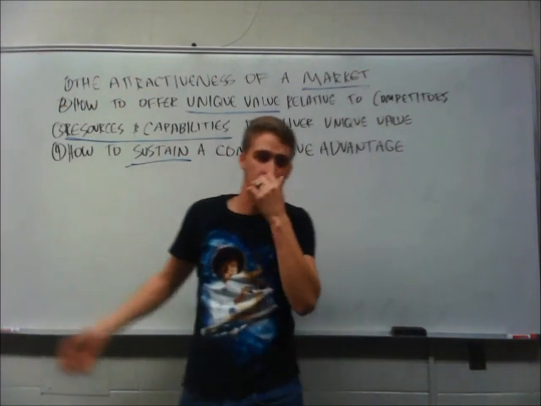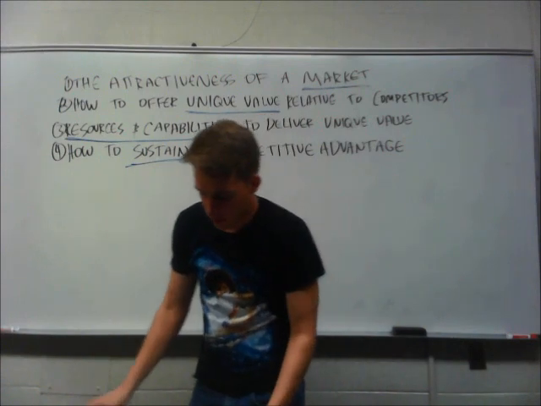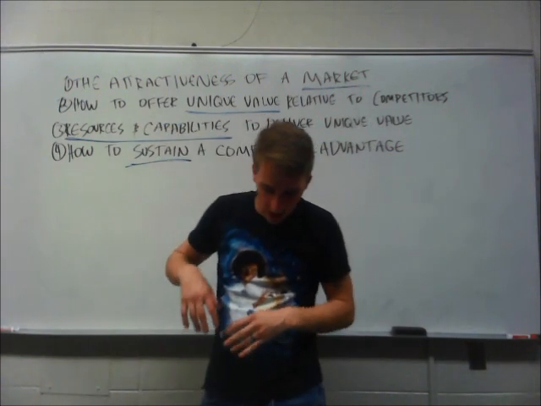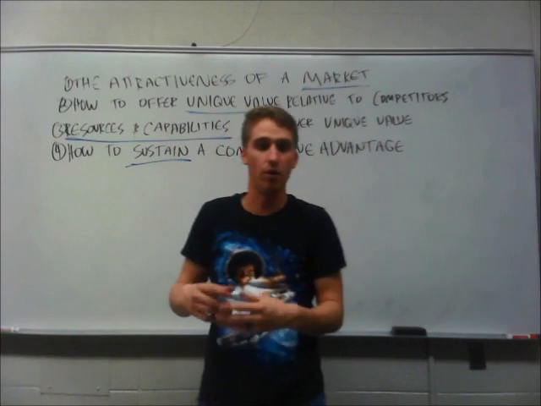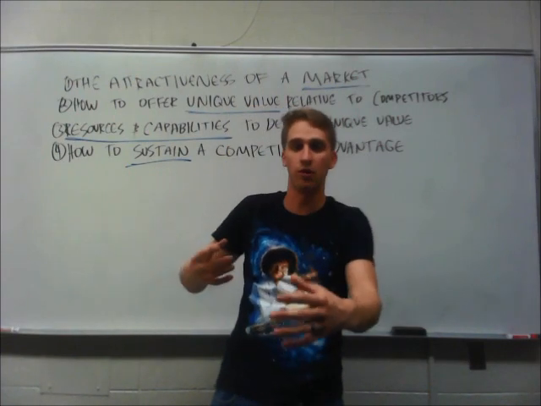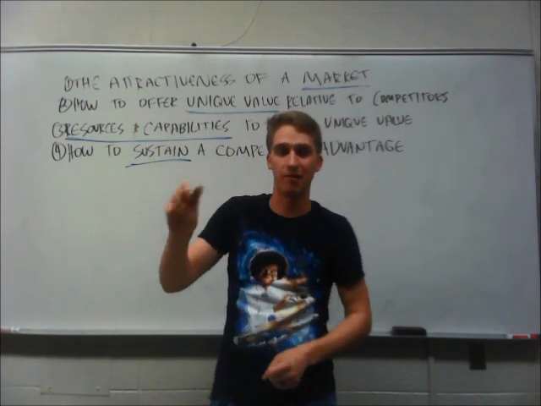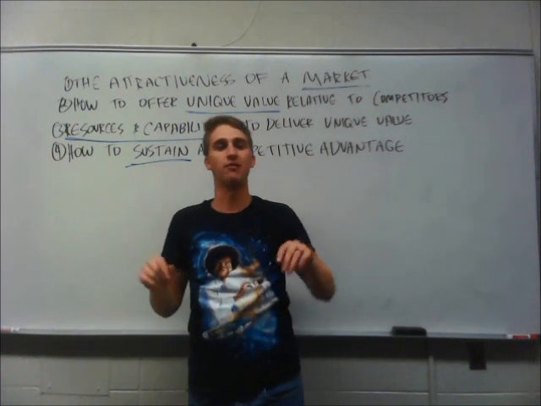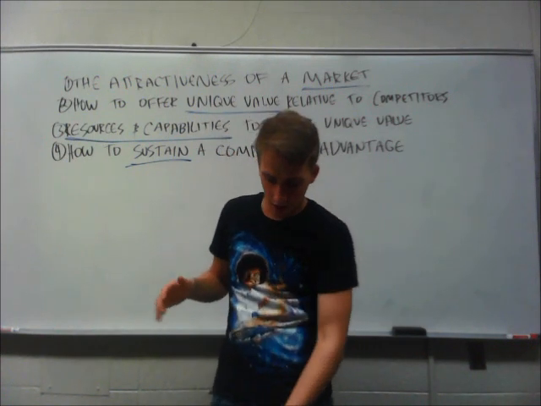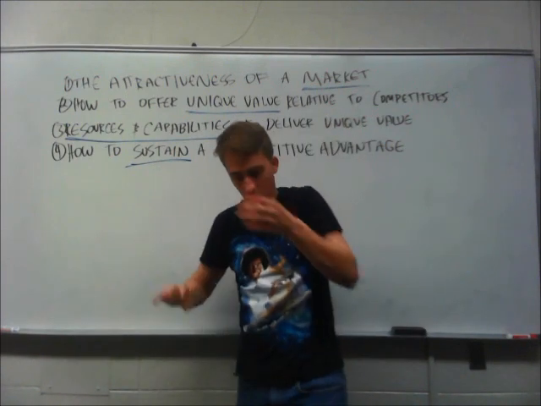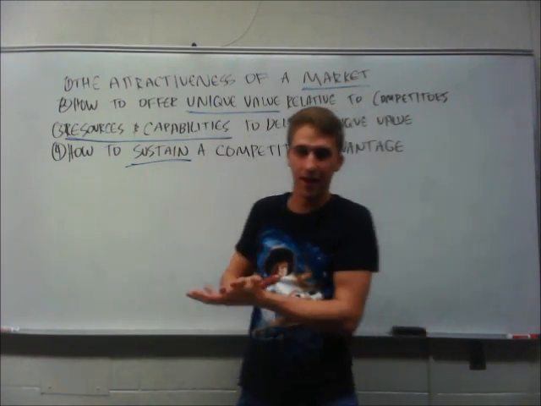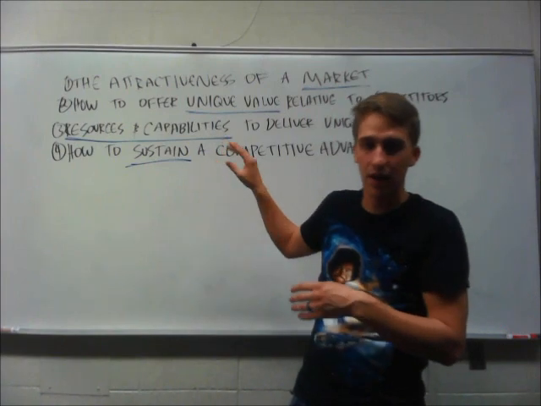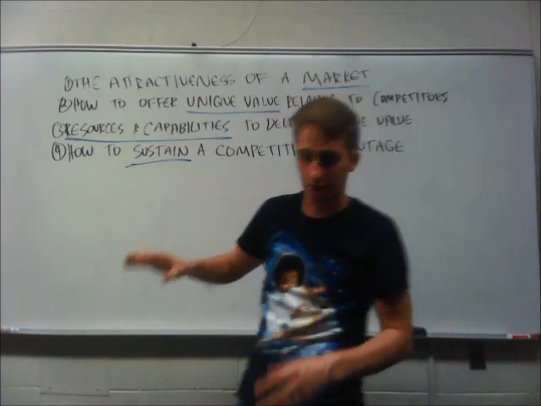You do that by looking externally and internally, both external of your company and internal. Chapter 2 talks about external, and chapter 3 talks about internal. So we're not going to talk about that now. But what I will say is the strategic management process, how you come up with a business strategy, is done by looking internally and externally of your company.